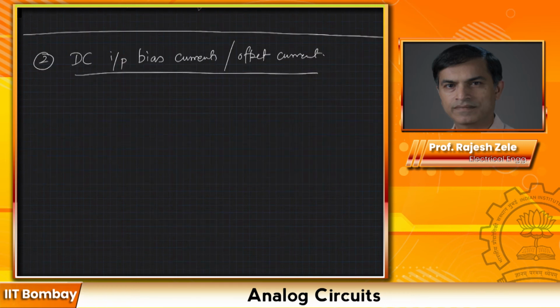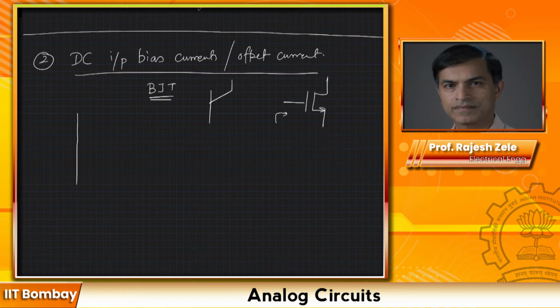This comes into play mainly in the case of amplifiers which are using BJT transistors. BJT transistors have a small amount of input current flowing in them. MOSFET transistors have a gate, so the amount of current flowing in this gate is virtually zero.